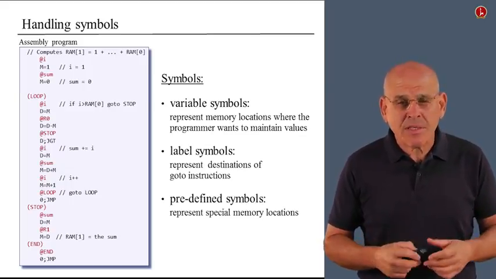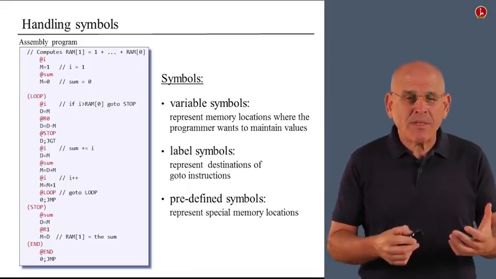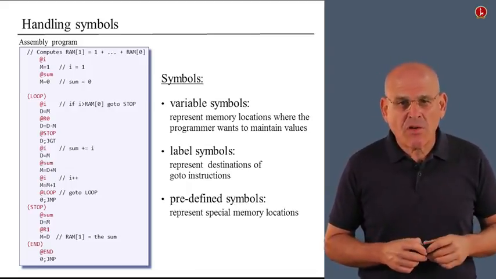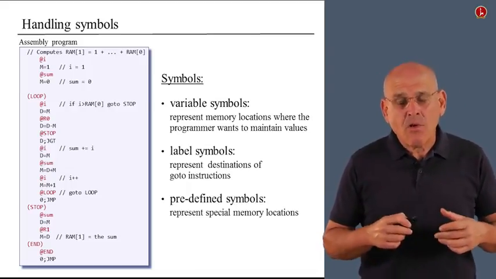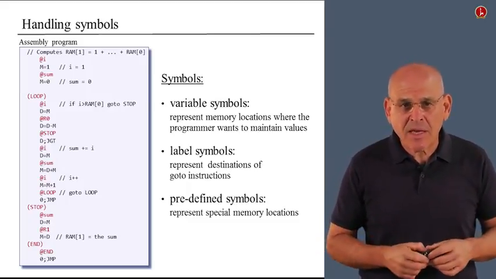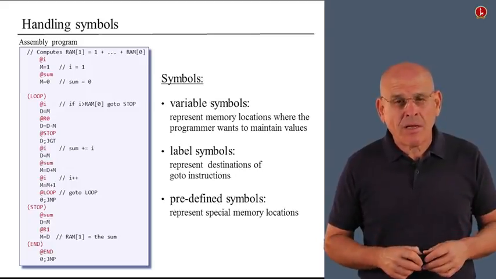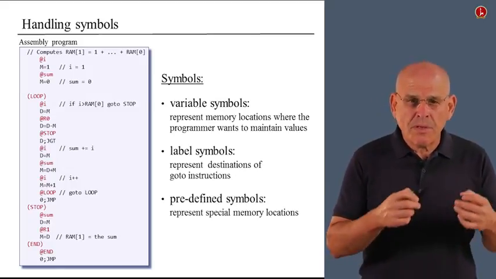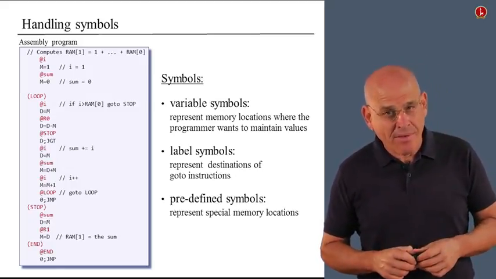Another kind of symbols is label symbols that represent destinations of go-to commands. And in this example that we are facing here, we have three such symbols: loop, stop, and end.